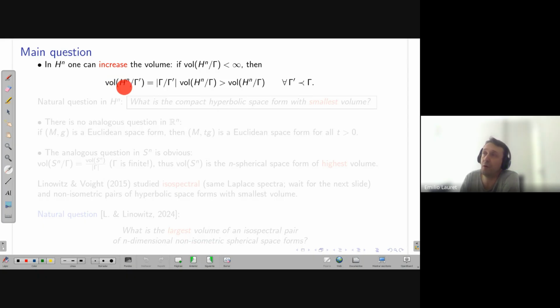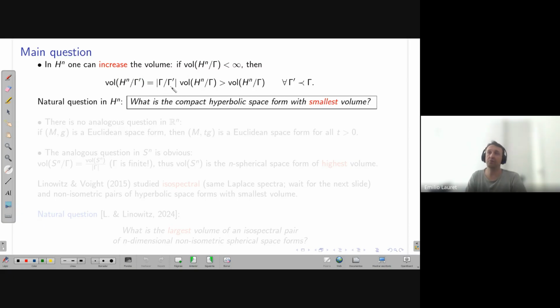And we have that the volume of this is given in this way, okay? So if you have subgroups of finite index, your volume is going to increase by the number of times of the index. Okay, you increase the volume, and it's a natural and important question in the hyperbolic setting.